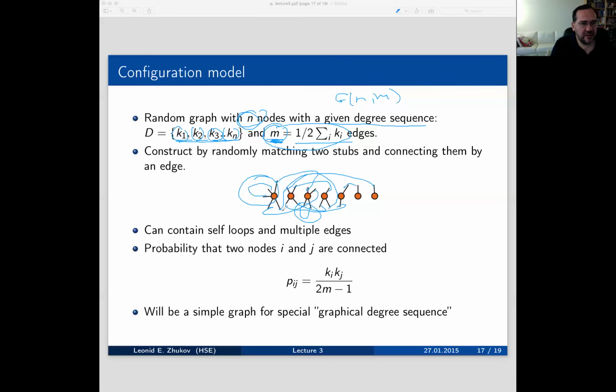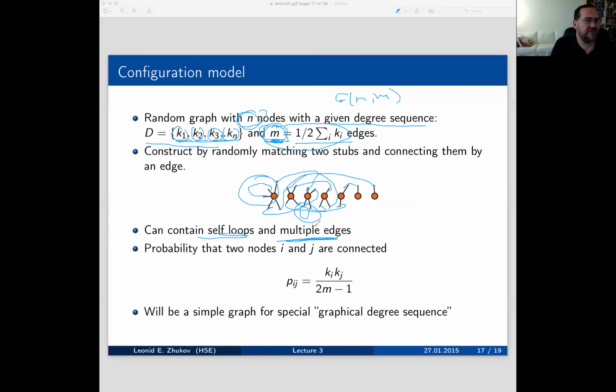And there might be multiple edges between the same two nodes. So if I give a sequence of node degrees and guarantee that I will build m edges, equal to the sum of the node degrees, I can build a graph. It's guaranteed, but this graph might contain self loops and multiple edges between the nodes.